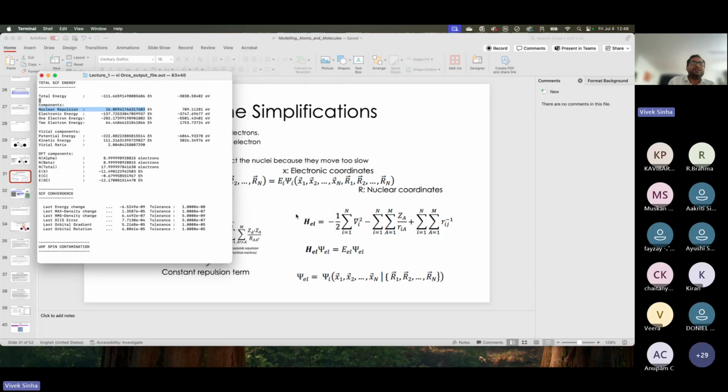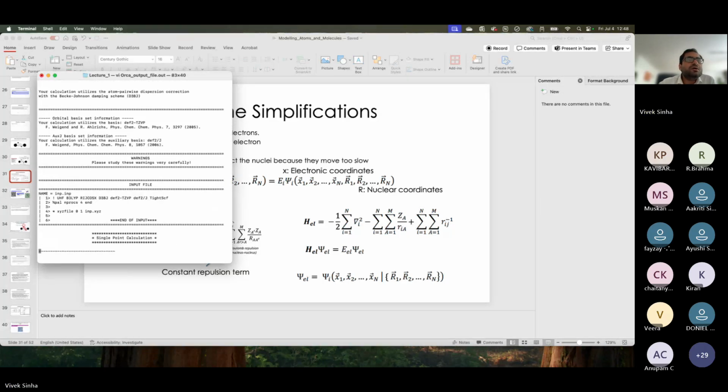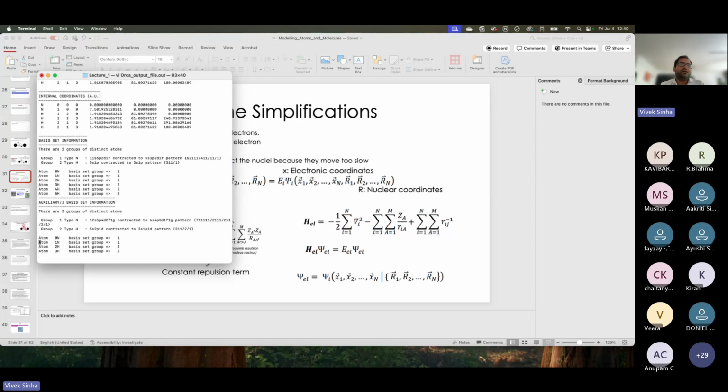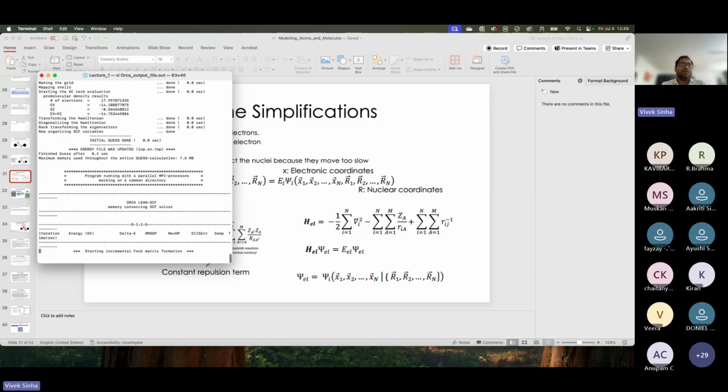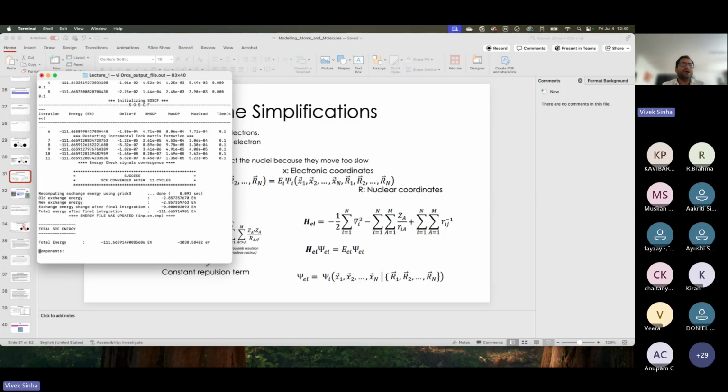do an actual calculation. I did not run an actual calculation here, but it would just be executing some ORCA commands. But essentially, I can show you a little bit about the input geometry that went into it. So this is the input file. You can see it has nitrogen, hydrogen. It's essentially an N2H4 moiety. And in our calculation, it estimates the number of electrons, what is the exchange, what is the correlation term, which I'll come to later on.